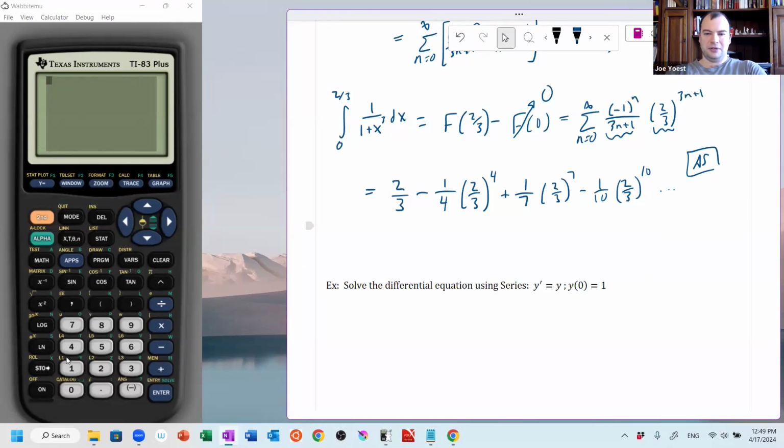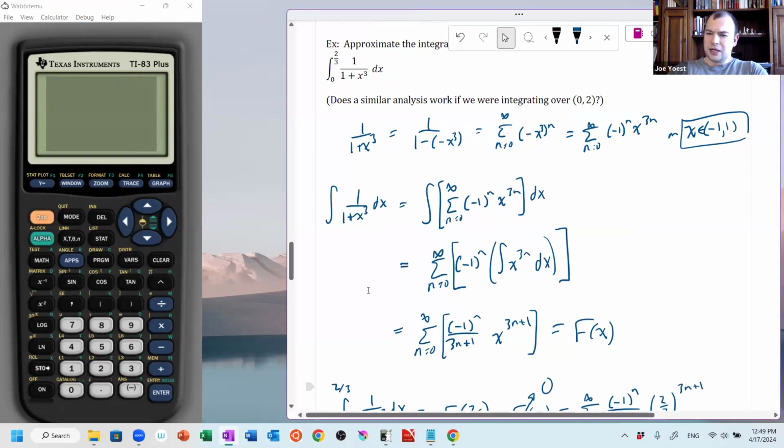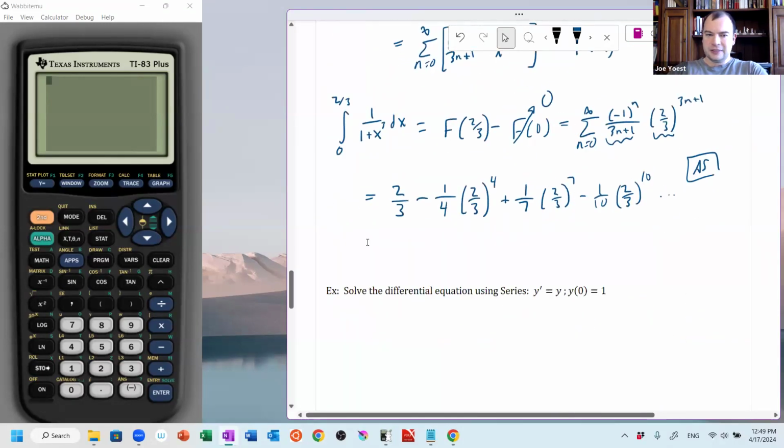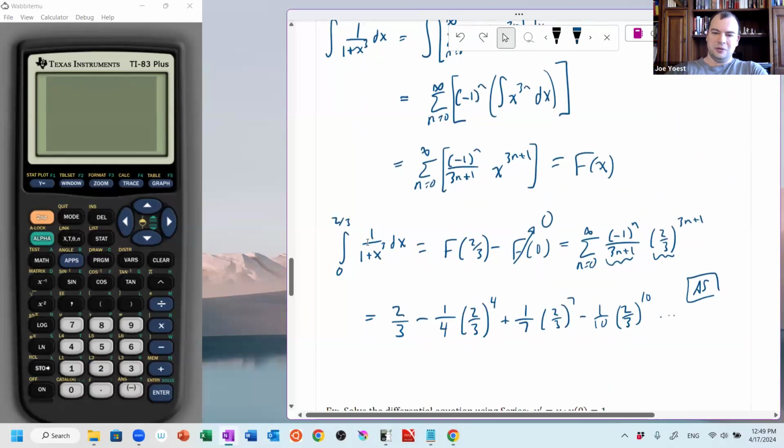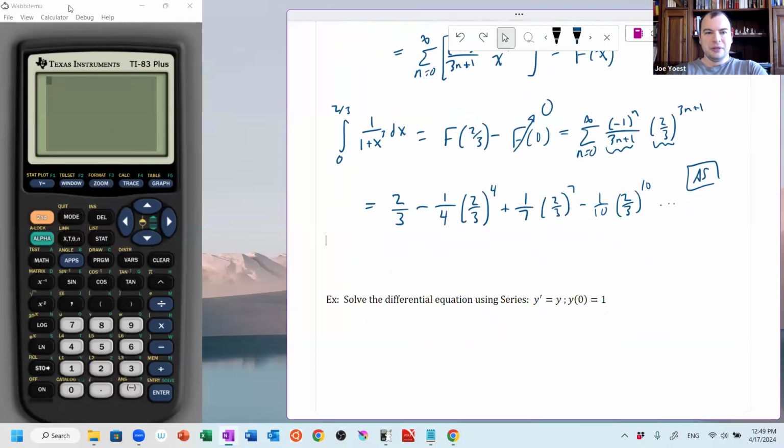If I were to leave off the next term, it would be, oops, had the wrong window selected. It would be 0.25 times 2/3 to the power 4. So that's 0.049. That would get me, I guess, 1 decimal place of accuracy.